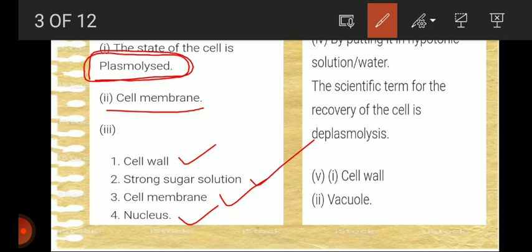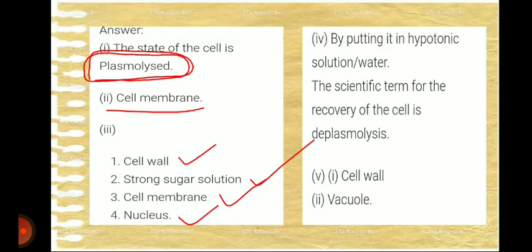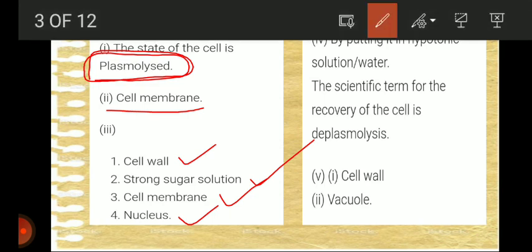So of course you will put the cell in the hypotonic solution or water. That means a hypotonic solution is one where the concentration of water molecules or solvent molecules is greater than that of the solute. So you can place this plant cell into water or inside any hypotonic solution.